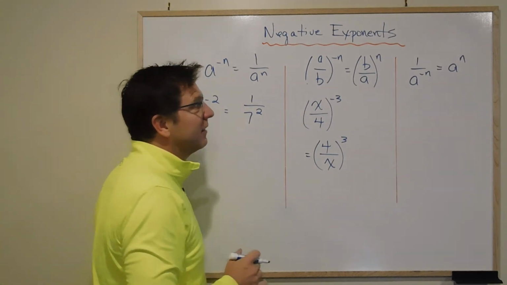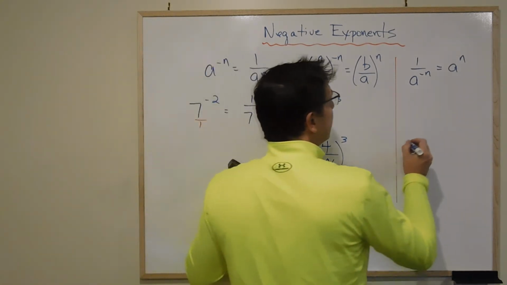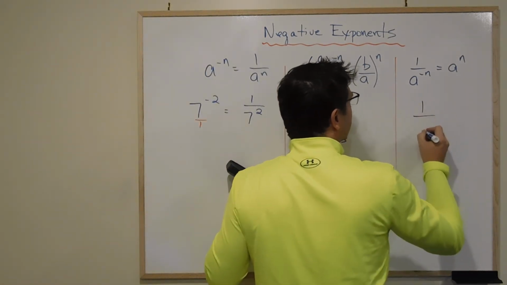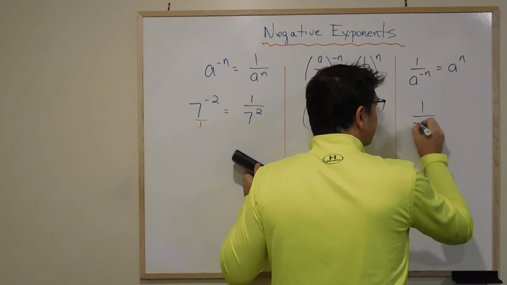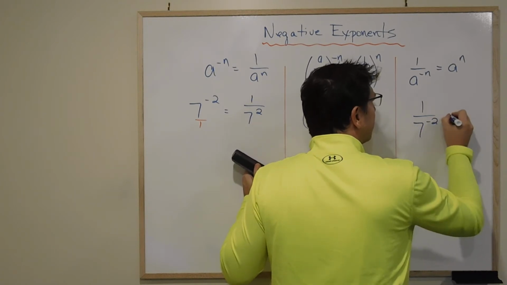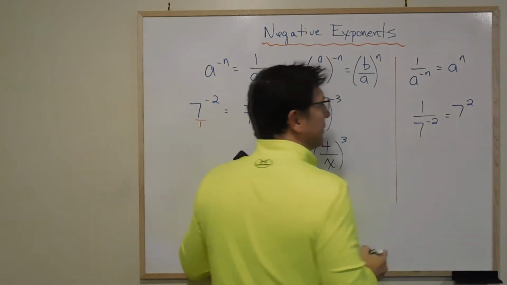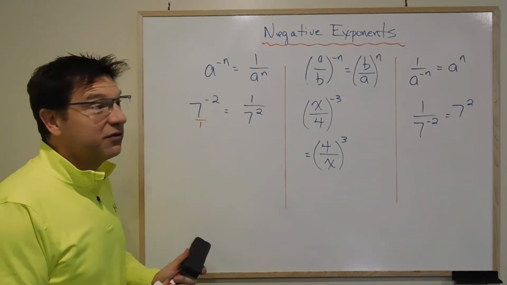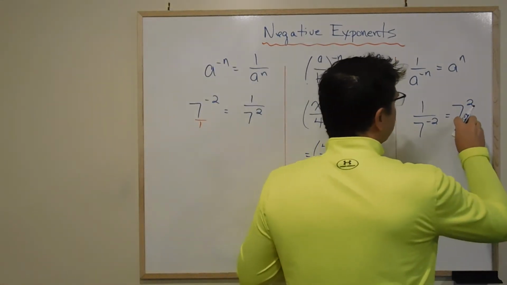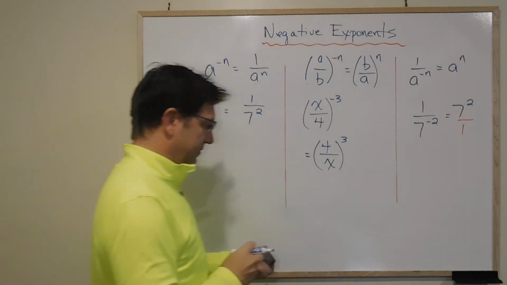In the third one here, it's the same idea. If I have 1 over, and we'll use this again, 7 to the negative 2, I'm going to make that 7 to the 2, which I could say is 7 to the 2 over 1, right?